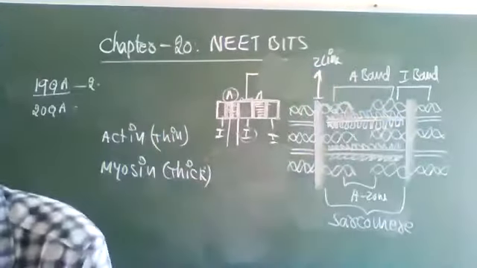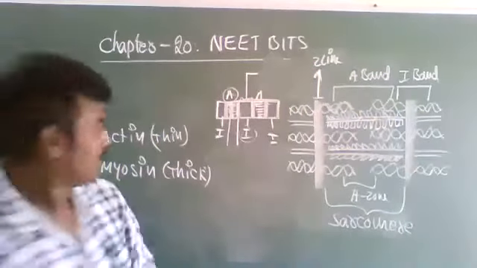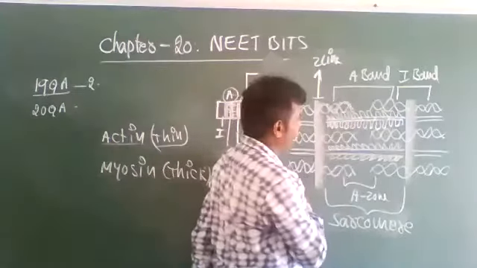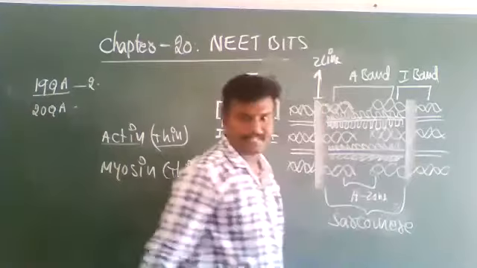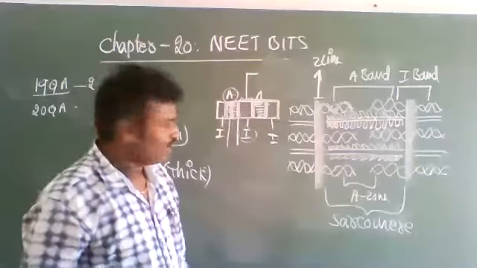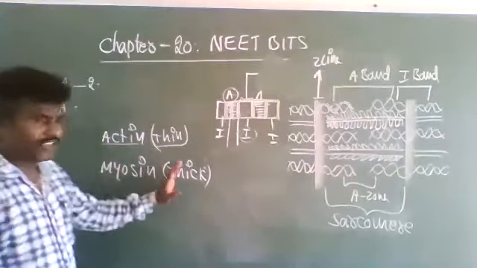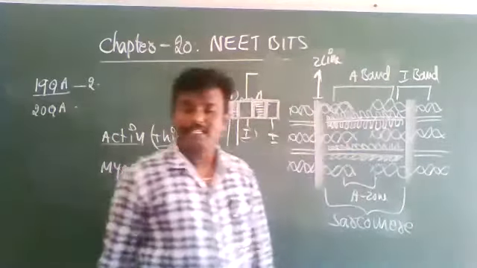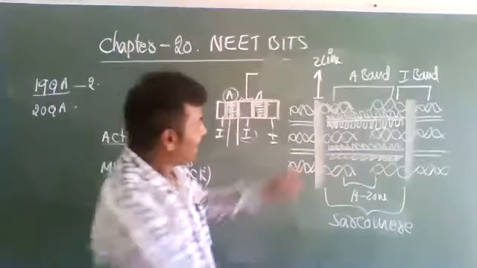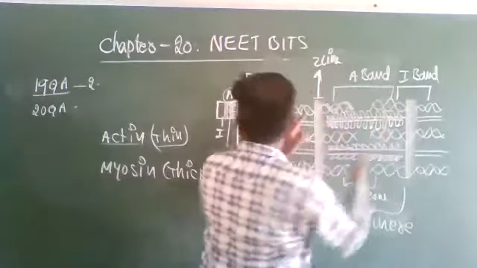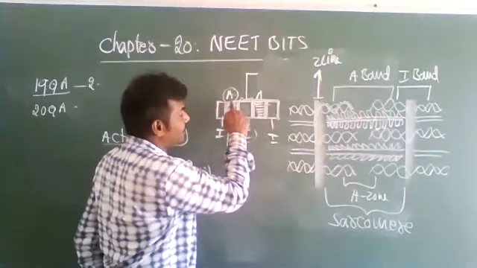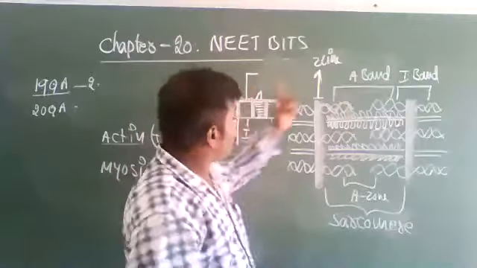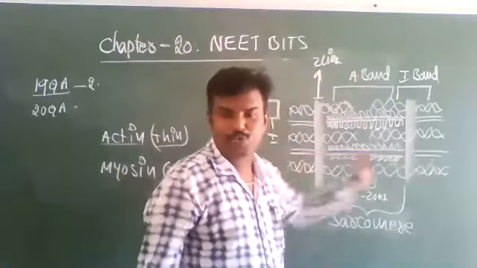Okay, come to the point. This is the actin filament. This is the myosin filament, the thick filament. Thick filament in the A band. This diagram is the expanded portion.